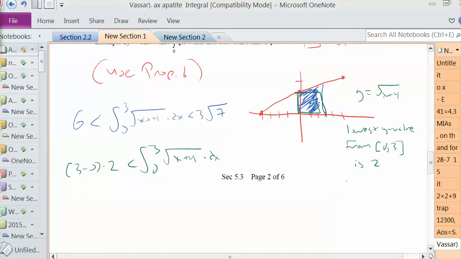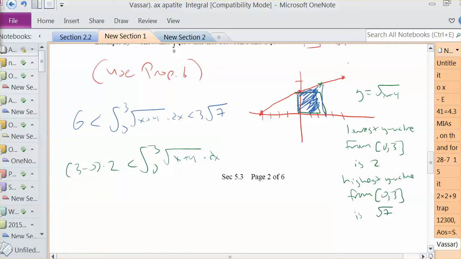And the highest y value in that same domain is going to be, sorry, is going to be root 7, because you plug in 3 for x, you get y equals root 7 for y equals root x plus 4.